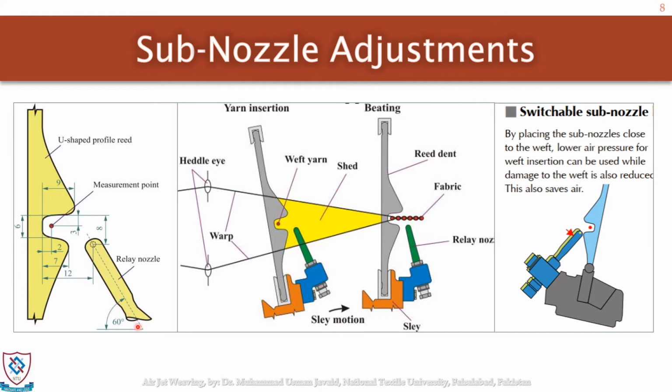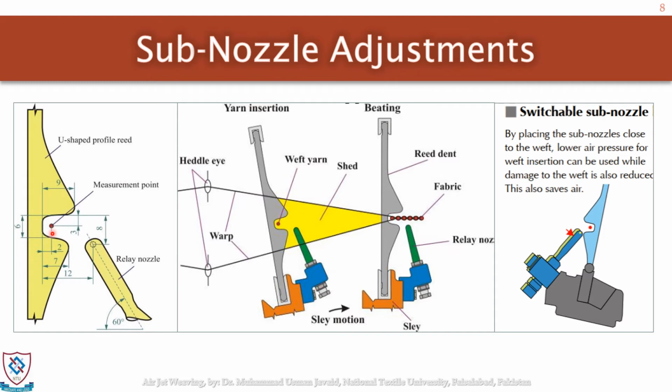We want to fix our nozzle in an optimum position so that it is as close to the channel as possible and can release the pressure in the channel very efficiently. So with a small amount of pressure release, it can exert more pressure on the weft and push it forward.